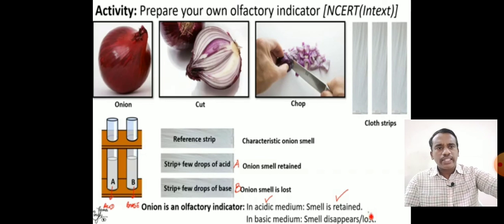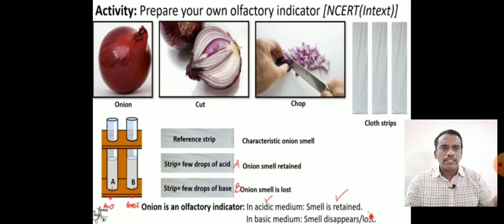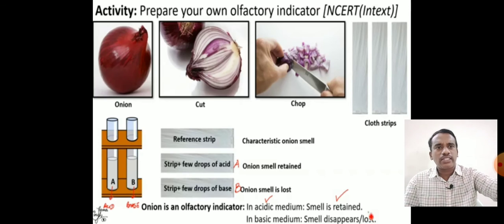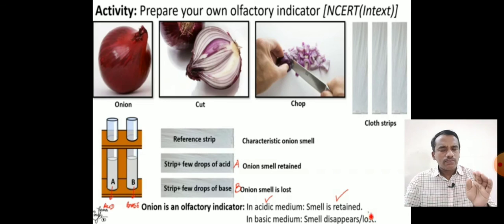One strip will be the reference strip, which is going to give the smell of the clove. Here we take the clove oil, and on the second strip we place the compound from test tube A, and on the third one we place the compound from test tube B.